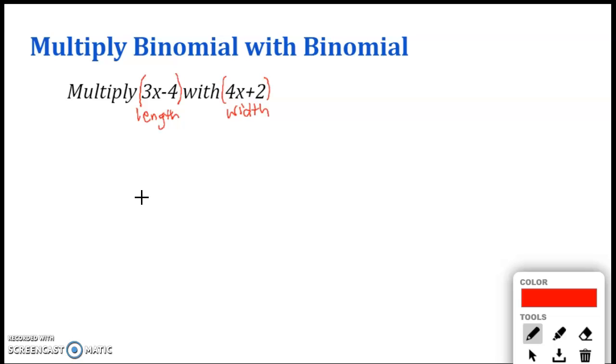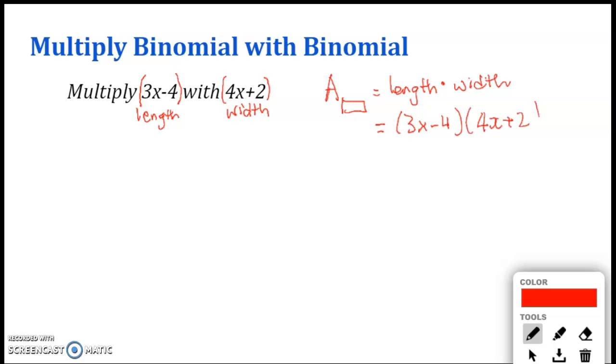And since the area of a rectangle is always length times width, when we're looking for area, we are multiplying 3x minus 4 by 4x plus 2.